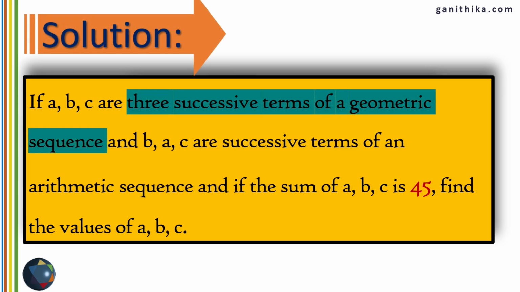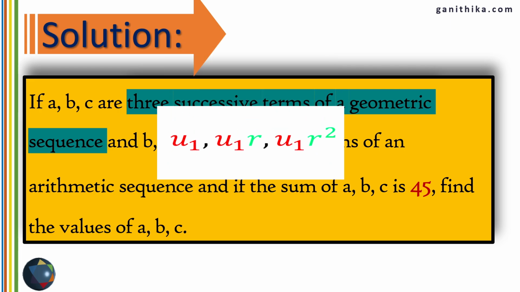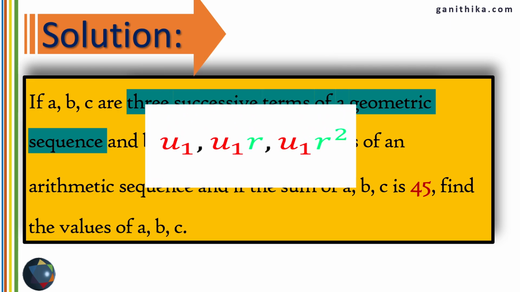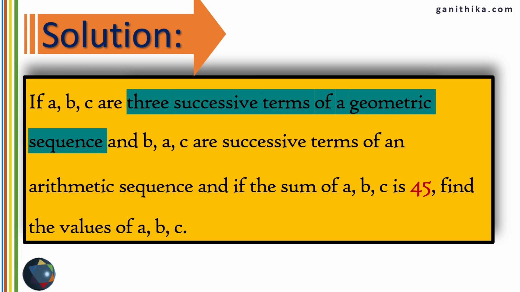So the words three successive terms of a geometric sequence. Usually in geometric sequences, we take these terms as U1, U1R and U1R squared, where U1 is the first term and R is the common ratio. But if you take it like that, this question is not going to end at all. So there is a trick in taking the three successive terms when you have them in a geometric sequence.